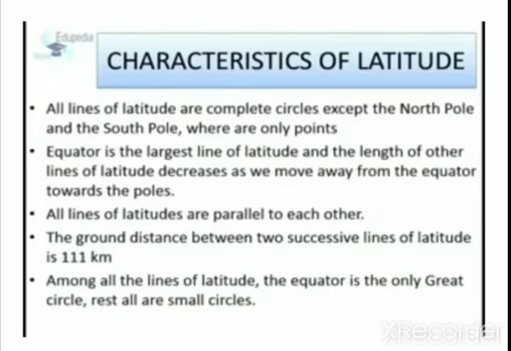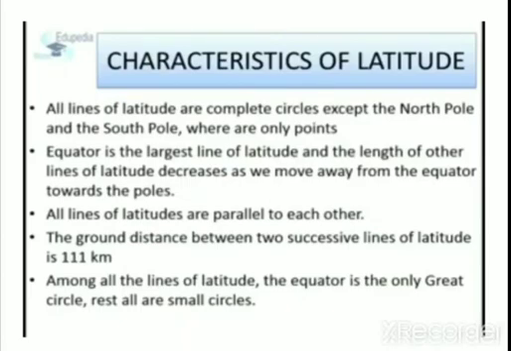Equator is the largest line of latitude, and the length of all the other lines decreases as we move away from the equator towards the North Pole or the South Pole. All lines of latitude are parallel to each other.